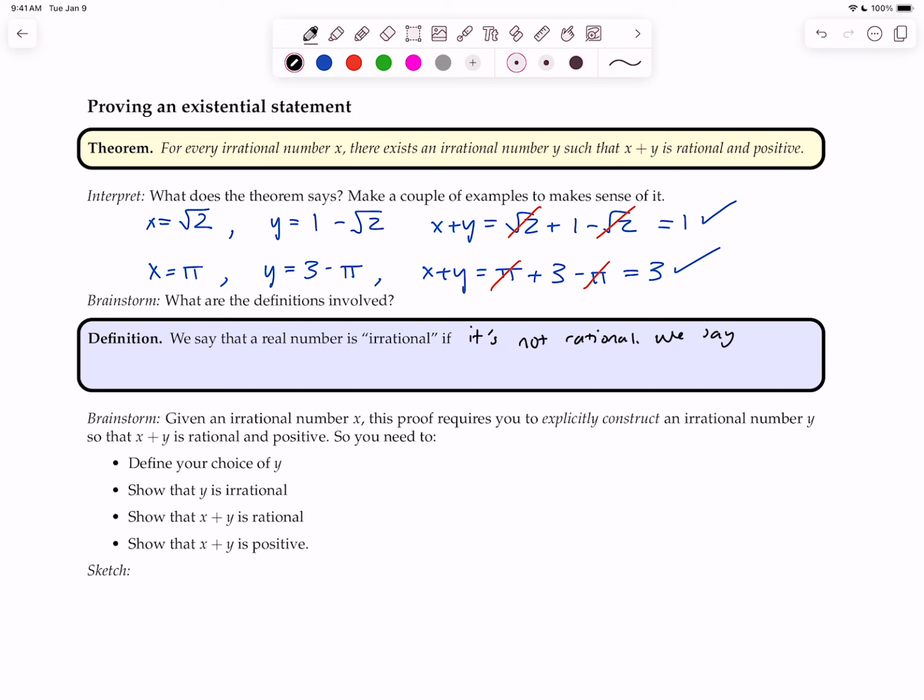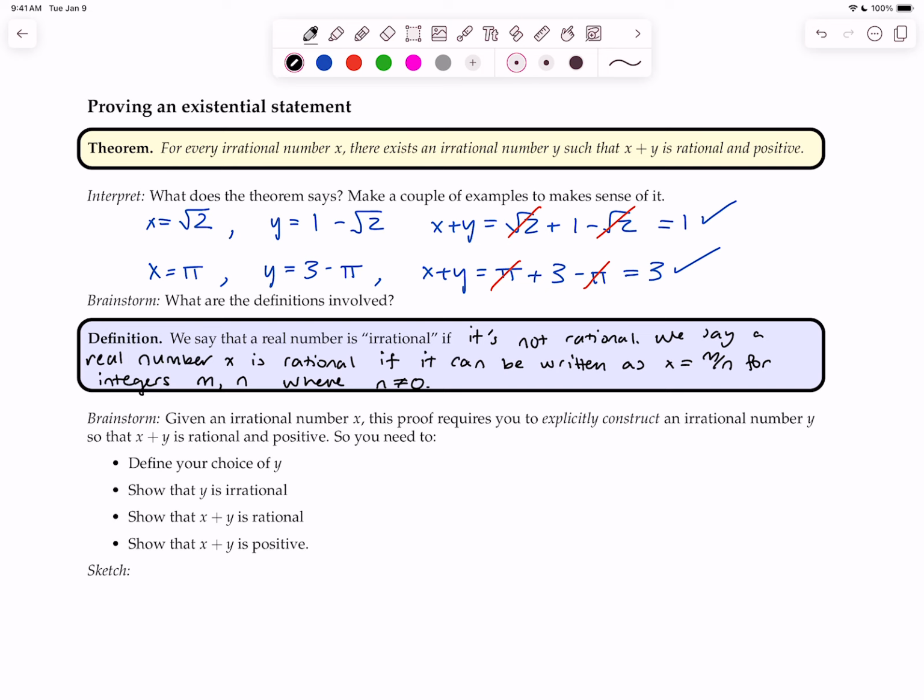We say a real number x is rational if it can be written as x equals m over n for integers m and n, where in particular n is not equal to 0. We don't want to divide by 0.